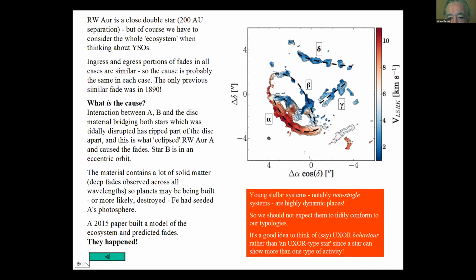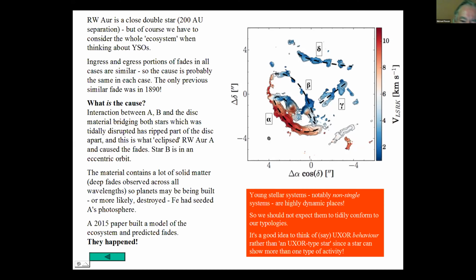But our companion star, here B, the less massive star, is on a wildly eccentric orbit. And it appears what happens is, on this occasion, it came too close to the main star. It disrupted its circumstellar material, and it's basically flung it out into space.